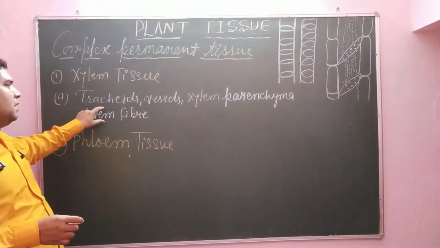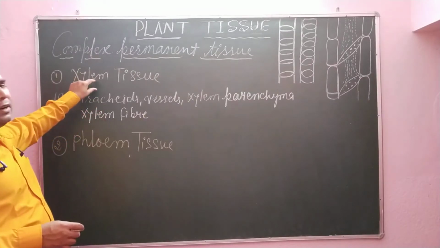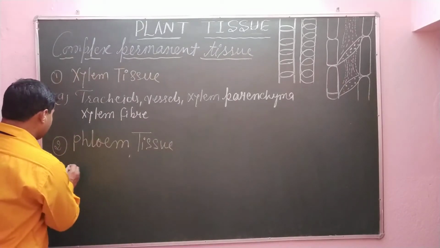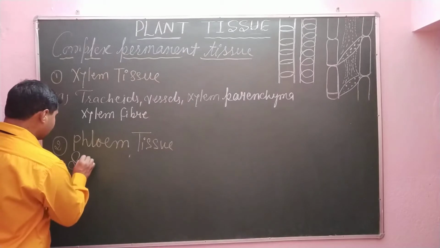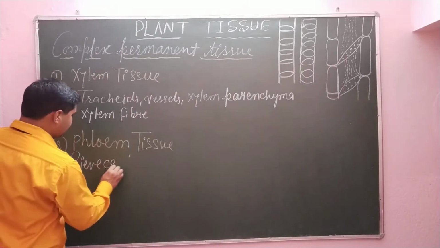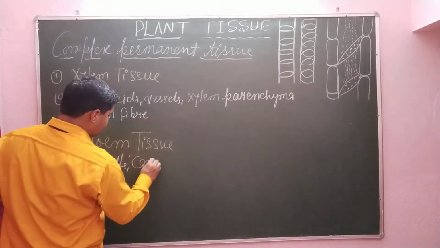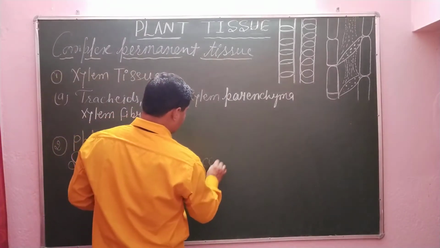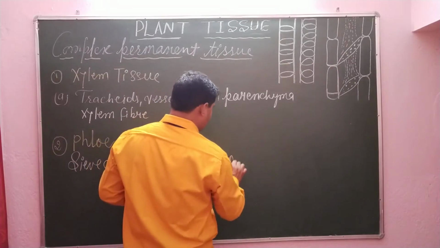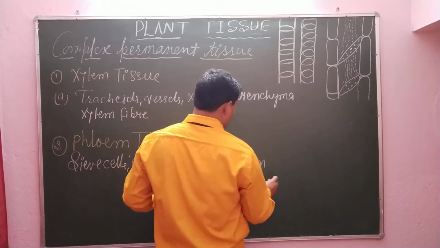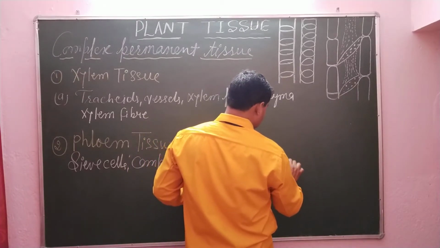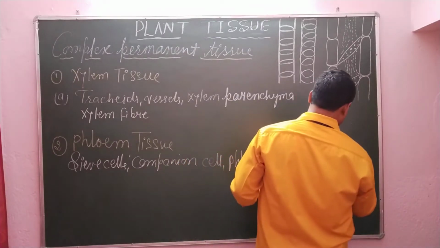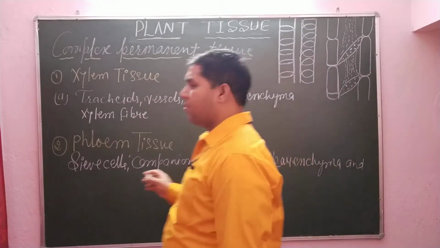So four types of cells are used to make the tissue known as xylem tissue, whereas phloem tissue is made of sieve cells, companion cells, phloem parenchyma, and phloem fiber.